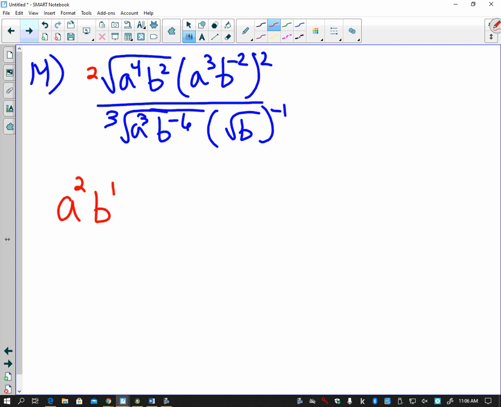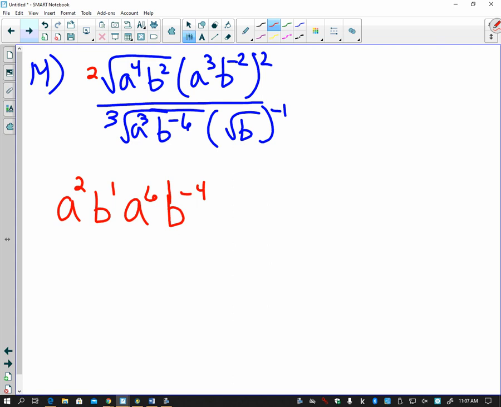It's like being in 3rd grade again. What do I do with my exponents here? Multiply, because I'm taking exponents to an exponent, so we use the power rule of exponents. What's 3 times 2? 6. And for b, what's negative 2 times 2, gang? Close. Negative 4. Very good.